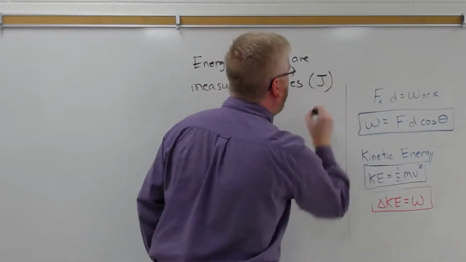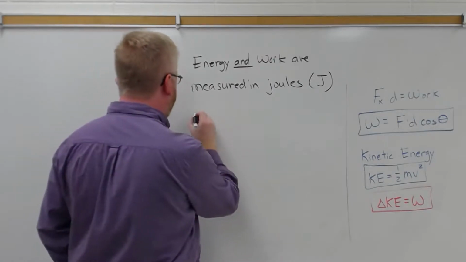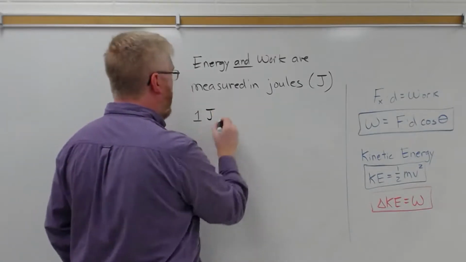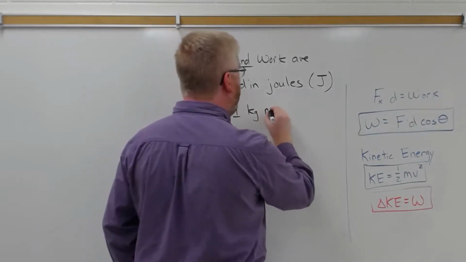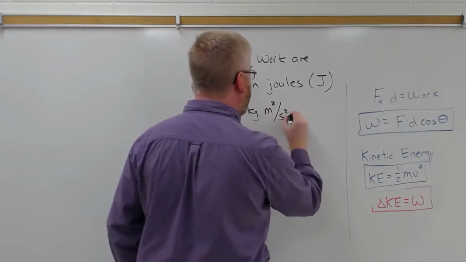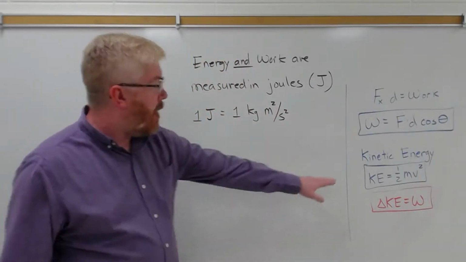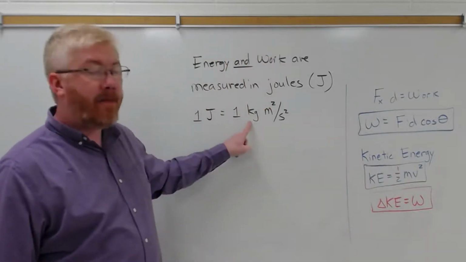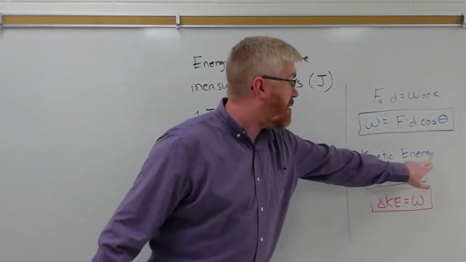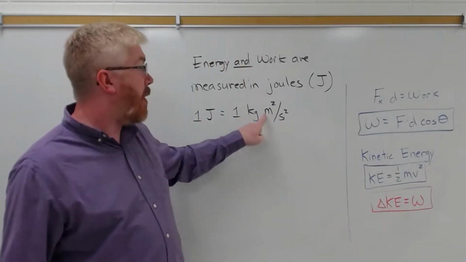There's a capital J to represent joules. 1 joule is equal to 1 kilogram meter squared per second squared. And you can kind of see that from the kinetic energy equation. 1/2 the mass is in kilograms, times the speed squared. Well, the speed is in meters per second, but when you square it, you get meters squared per second squared.